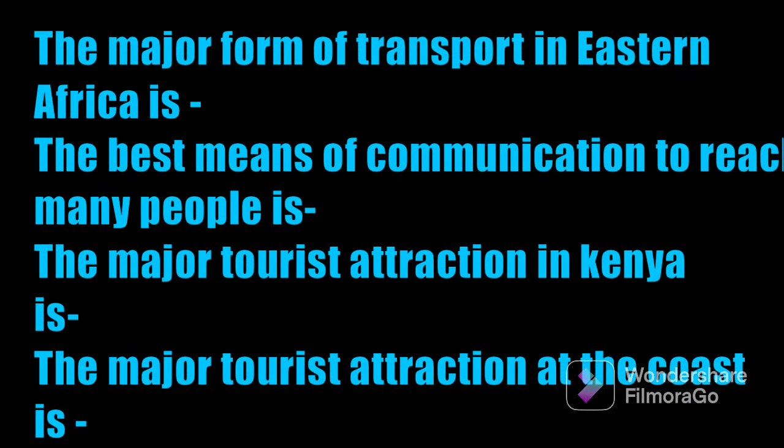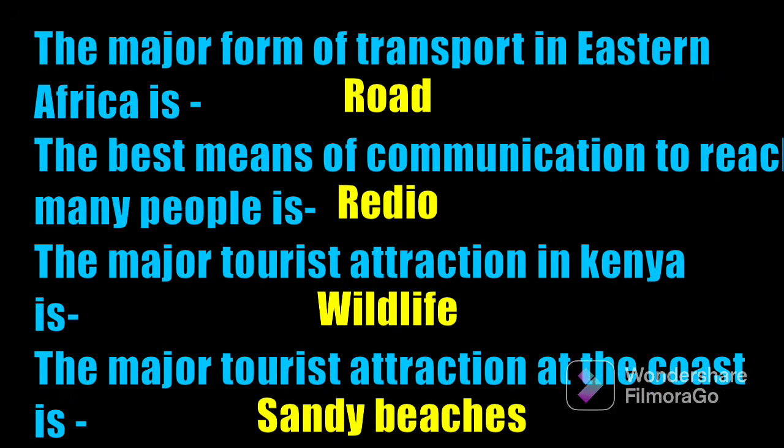The major form of transport in Eastern Africa is road. The best means of communication to reach many people in the country is radio. The major tourist attraction in Kenya is wildlife.